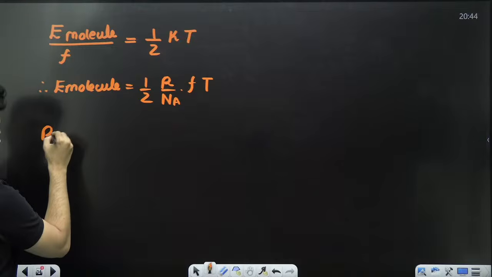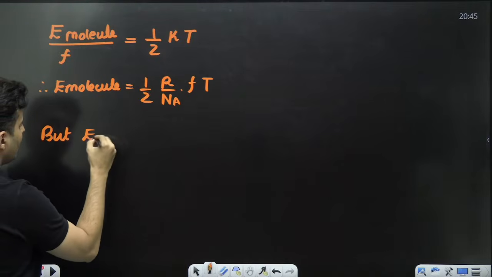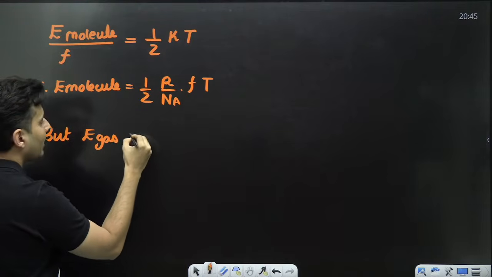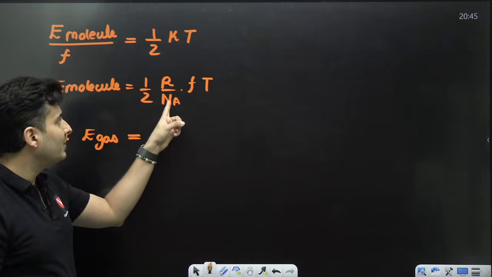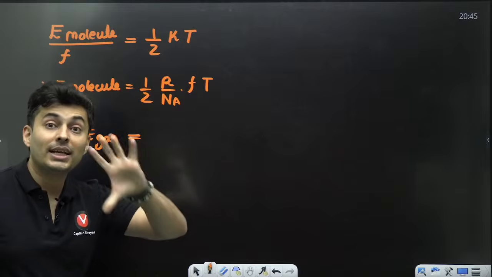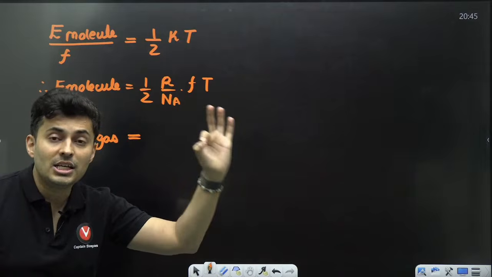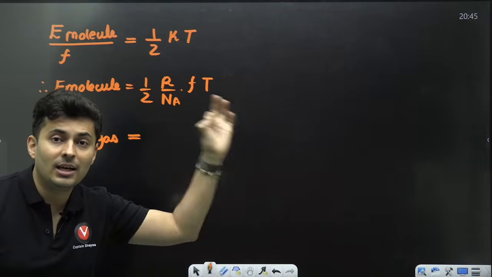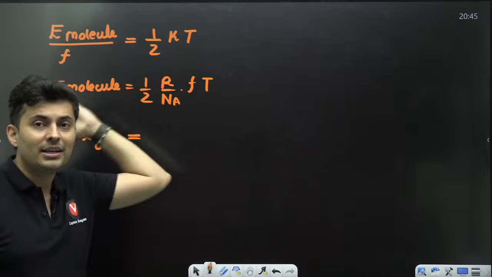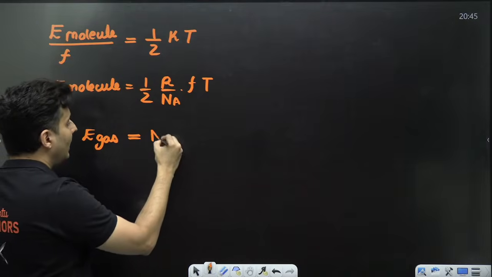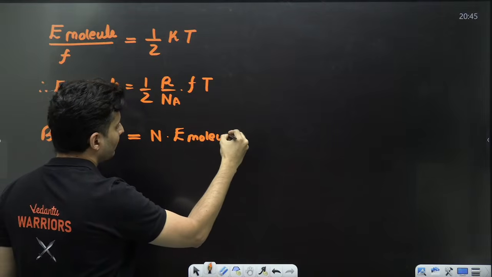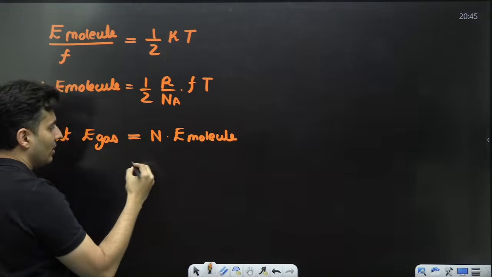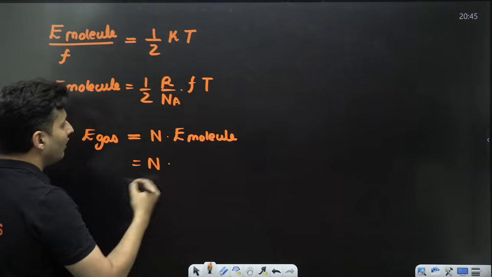But the energy of a gas, how much will it be? Each molecule has this much energy. So the total energy of the gas, each molecule's energy, you add it up, you multiply it by the number of molecules. So n times the energy of a molecule. So what is the energy of a molecule?